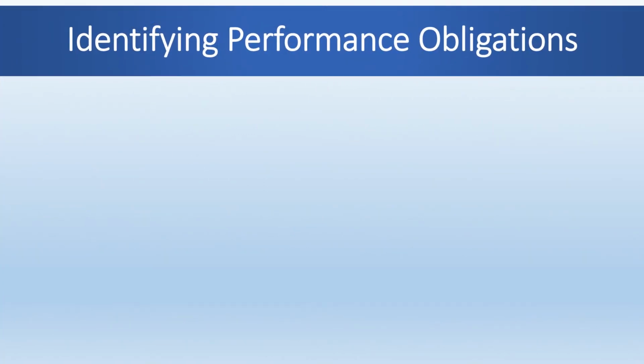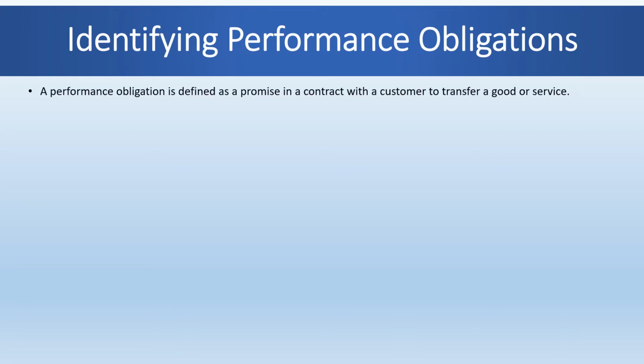Now let's see the second step of identifying performance obligations. A performance obligation is defined as a promise in a contract with the customer to transfer a good or service.